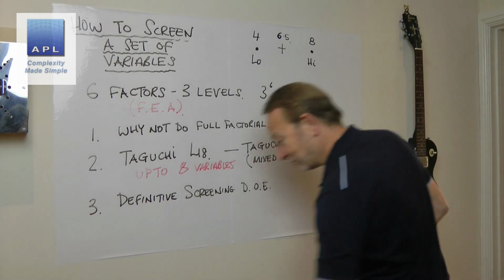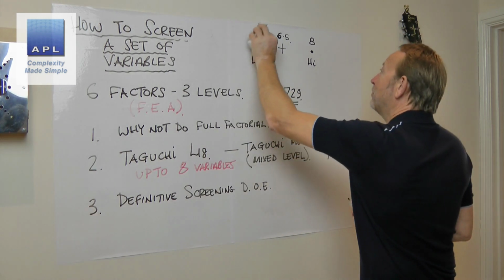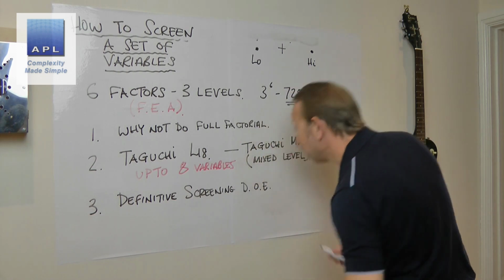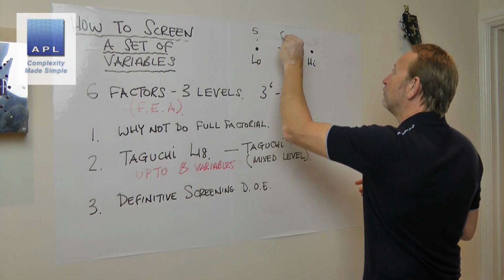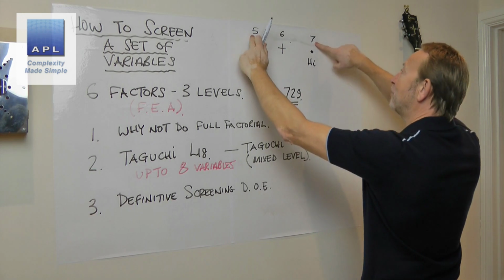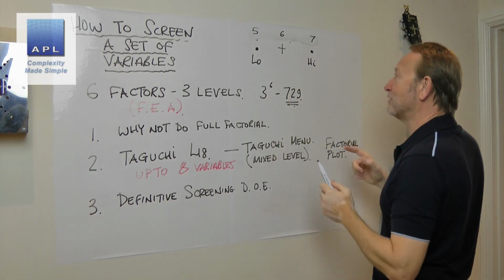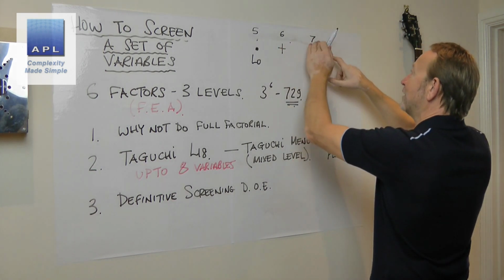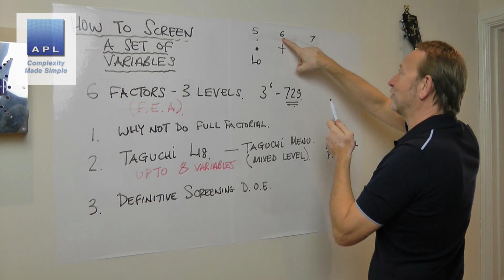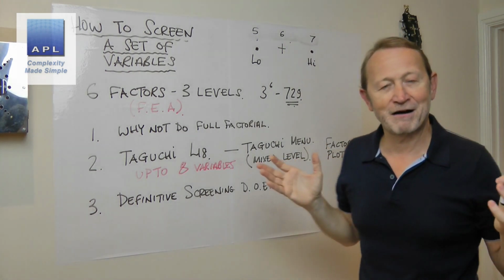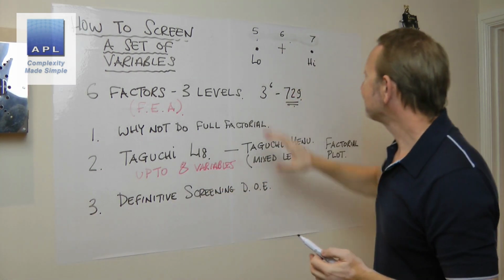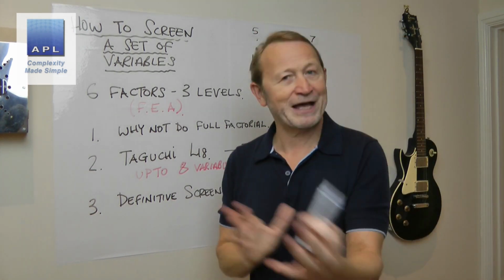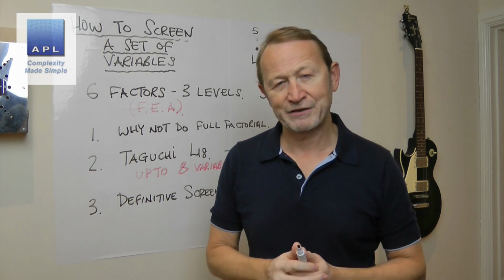So what you need to do is make sure that you pick values where you can hit the middle value. For instance, if you pick 5 and 7, 6 is the midpoint, and you can obviously set that. But if you went 5 and 8, I've then got to set this at 6.5, and I can't set that on the machine. So you need to make sure that the middle value is settable, because the computer just calculates it. You're not picking that value.